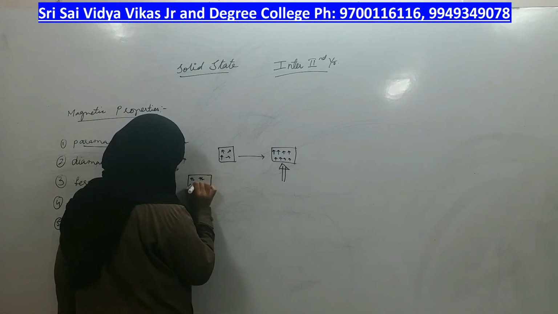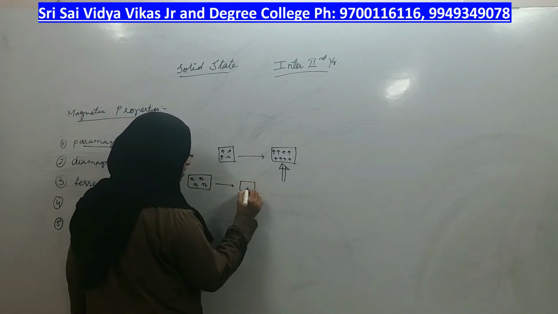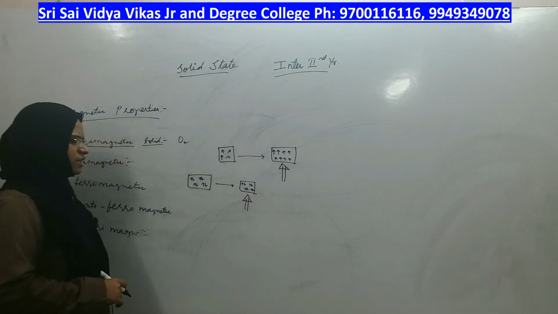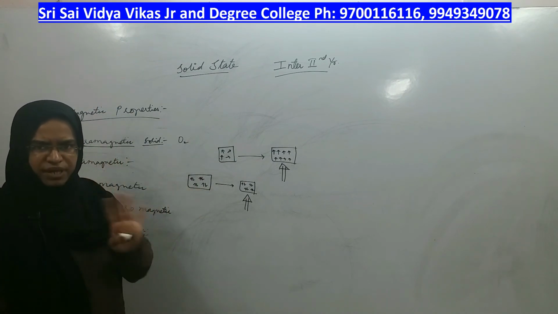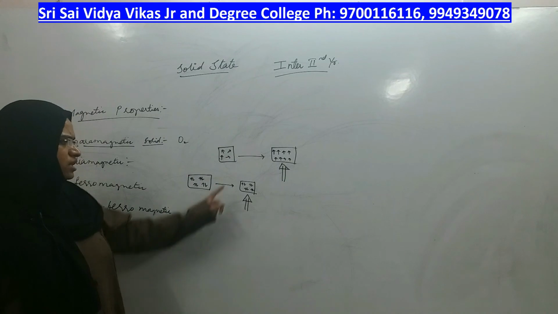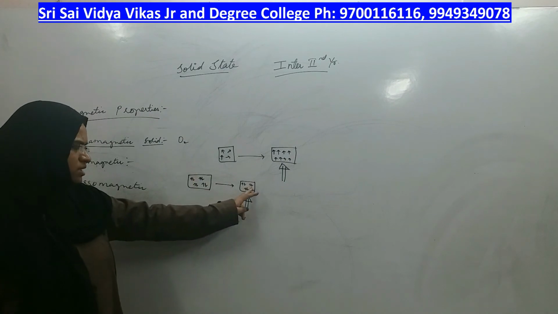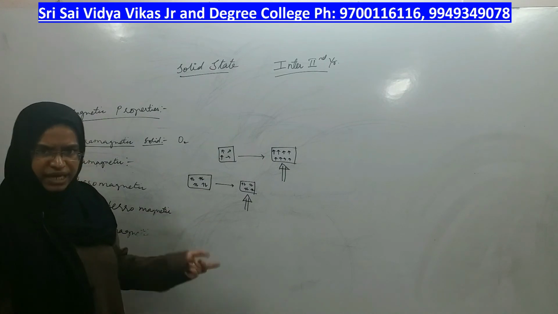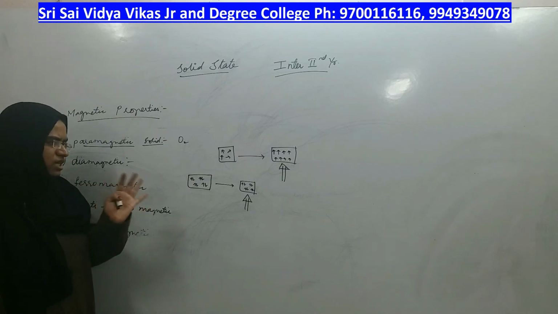So even if you apply a magnetic field to these substances in which electrons are already paired in the form of opposite spins, the spins get cancelled and the net magnetic moment experienced by this compound will be zero. Therefore, nothing can happen to their magnetic nature whether you apply a magnetic field or not, because they already have paired spins. Nothing can happen to that spin.